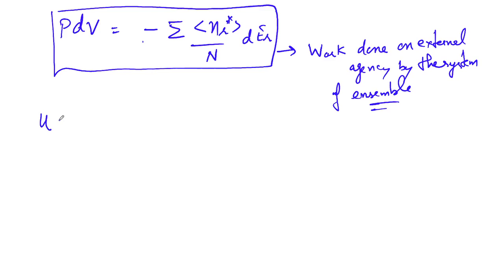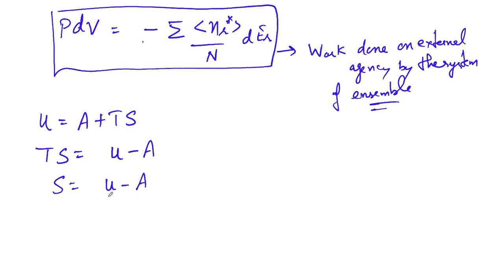We know that U is equal to A plus TS, so TS is equal to U minus A, and S comes out to be U minus A over T. If we divide these terms by k, S over k is equal to U minus A over kT.